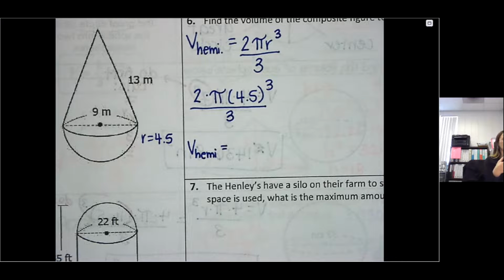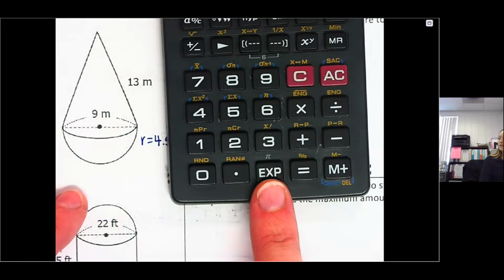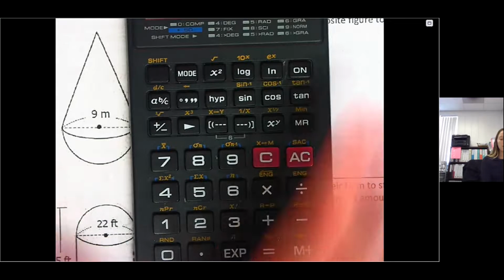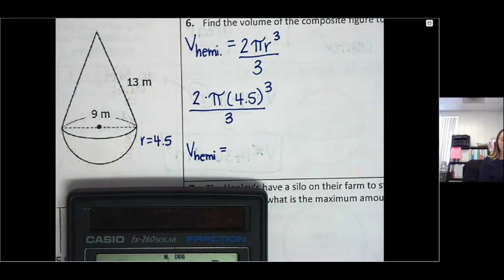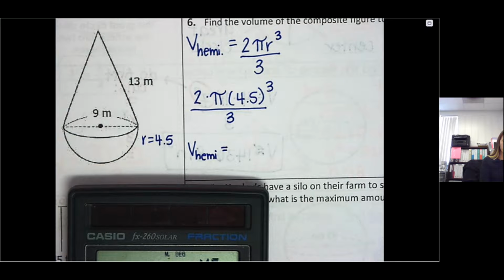Yeah, go to the hundredths place. Yes, Maddie, question. Pi is this button down here, it's EXP. You can just press it, right? No. Nope, you don't have to push shift, you just push EXP. There you go. Okay, well then try this one again and then see how you do on it.